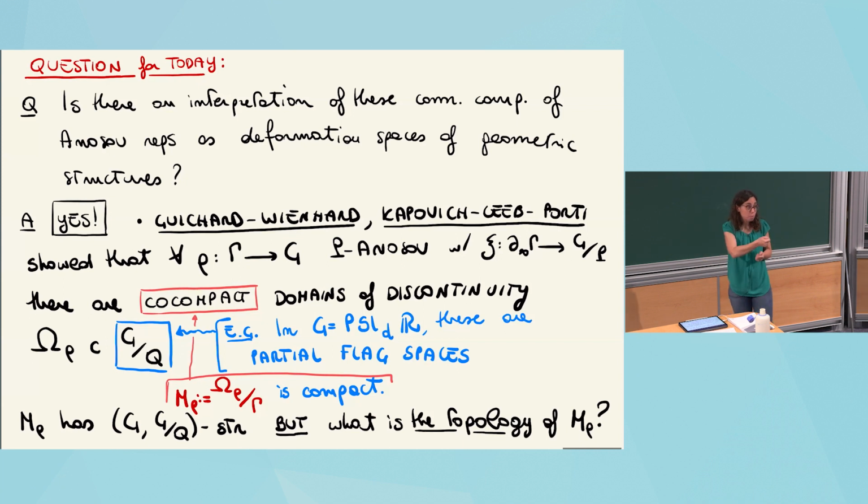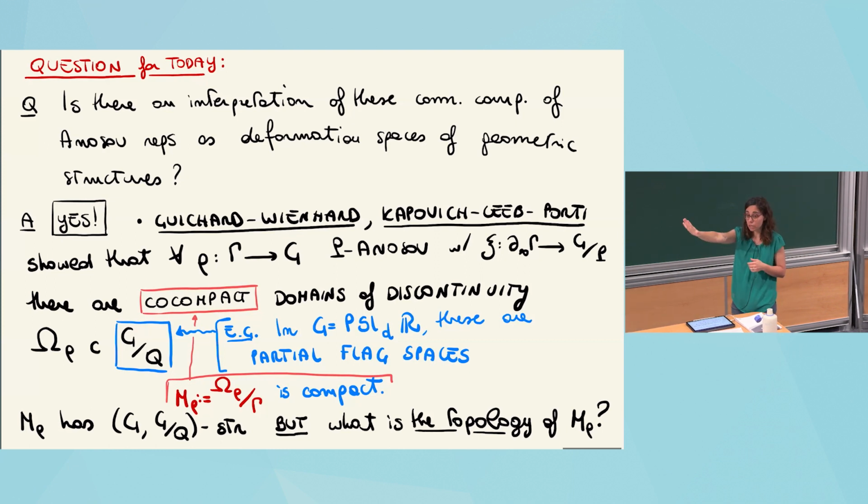If you start with a P-Anosov representation, you have a limit map in G mod P, this partial flag space. This domain of discontinuity does not necessarily live in the same space. You might change your space, but you have some domain of discontinuity.